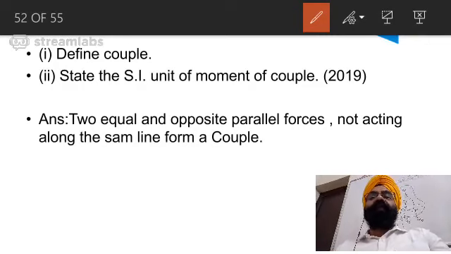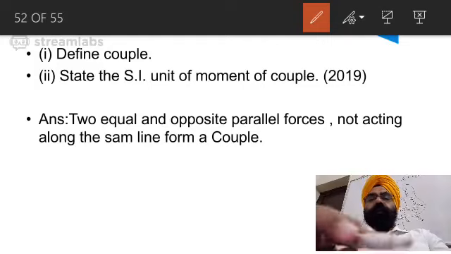So if I get the moment of a couple by multiplying a force with a distance, what should be its unit? Quickly, what should be its unit? Newton meter. Excellent.